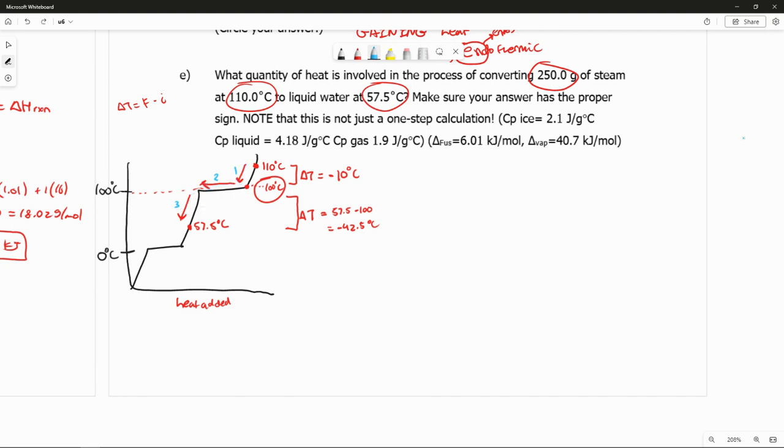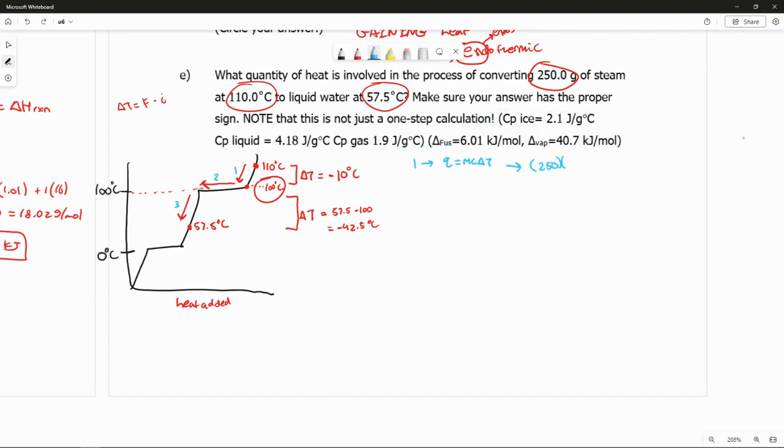All right, so let's take a look at the first step. We're going to use Q equals mc delta T because the line has a slope, which means that there is a change in temperature. We're solving for Q for all of these, by the way. We have M, mass, which is 250 grams. We have C, which is one of our constants that's given right here.